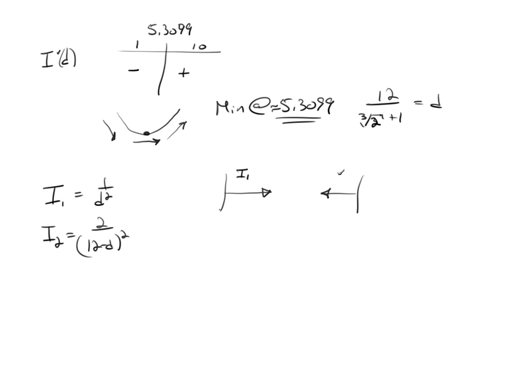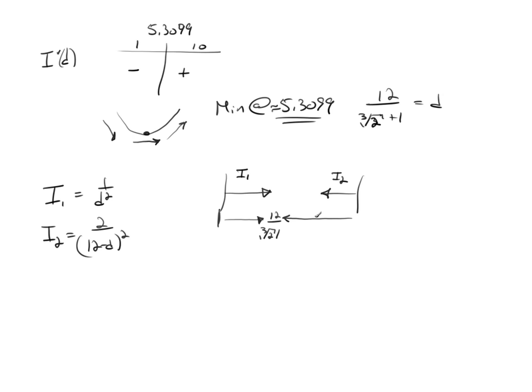Because this was I1 and this was I2, I need to go a total distance from here, out here, of 12 divided by the cube root of 2 plus 1.